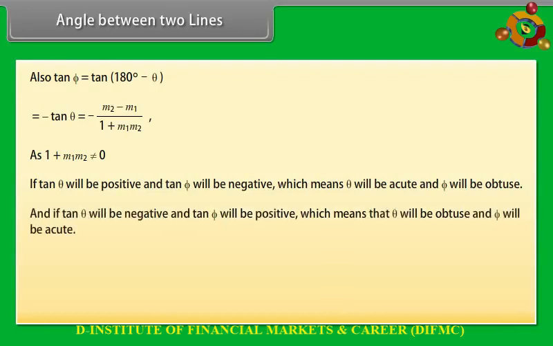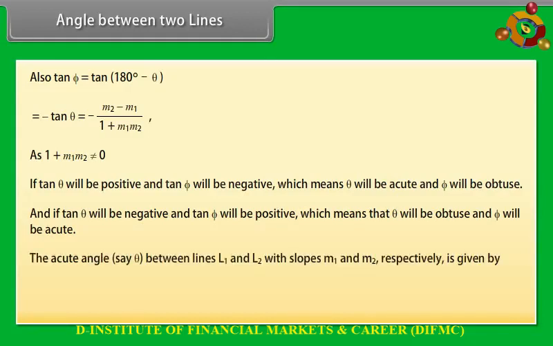And if tan theta is negative and tan phi is positive, it means that theta will be obtuse and phi will be acute. The acute angle, say theta, between lines L1 and L2 with slopes m1 and m2 respectively is given by tan theta is equal to modulus of (m2 minus m1) divided by (1 plus m1 m2), as 1 plus m1 m2 is not equal to 0.